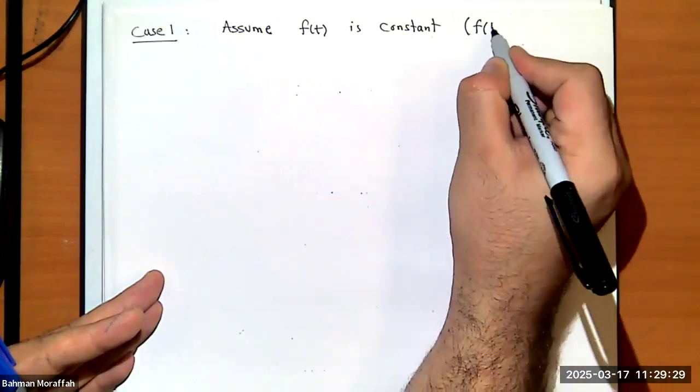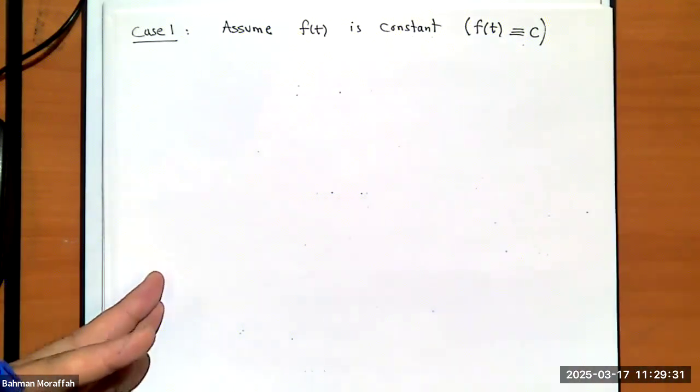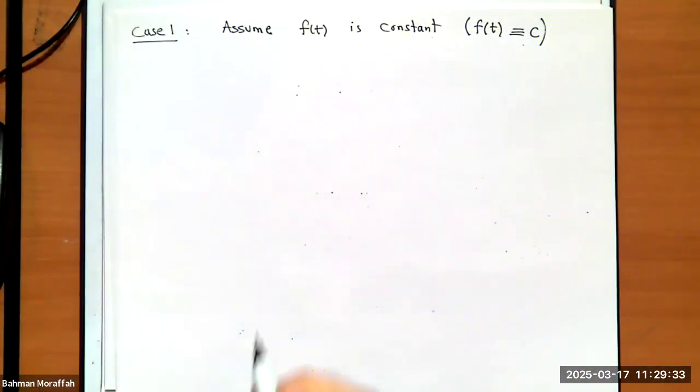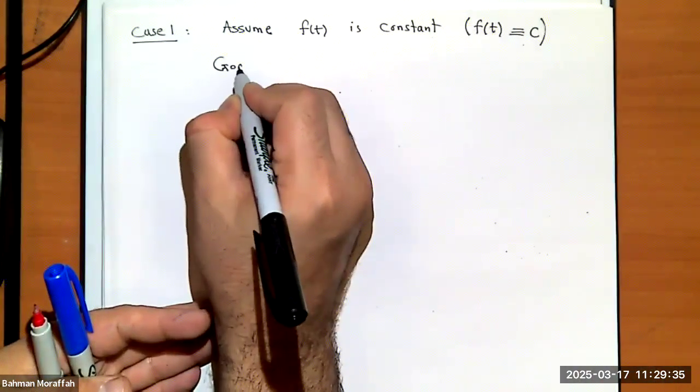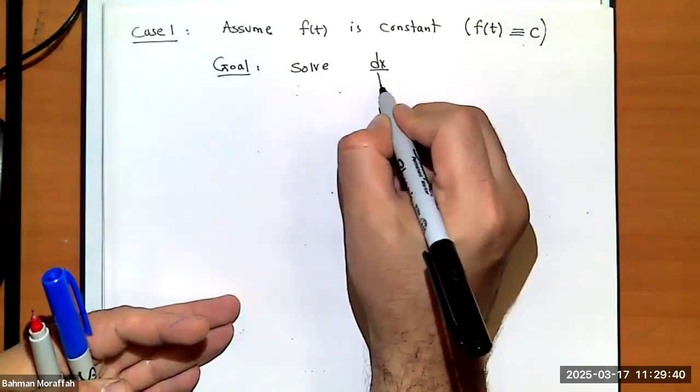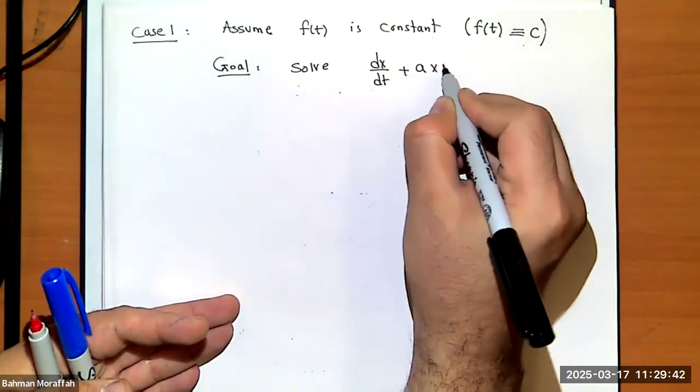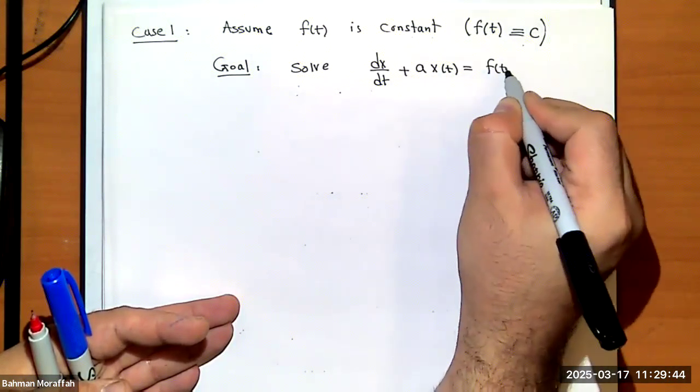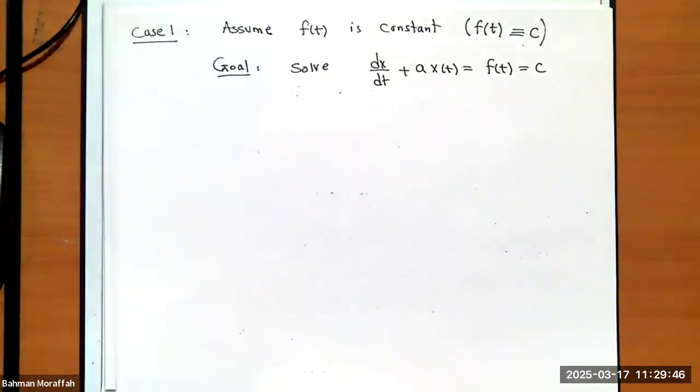Let's just call that constant c. And the goal is to solve dx/dt plus a x(t) equals f of t, which is this, right?